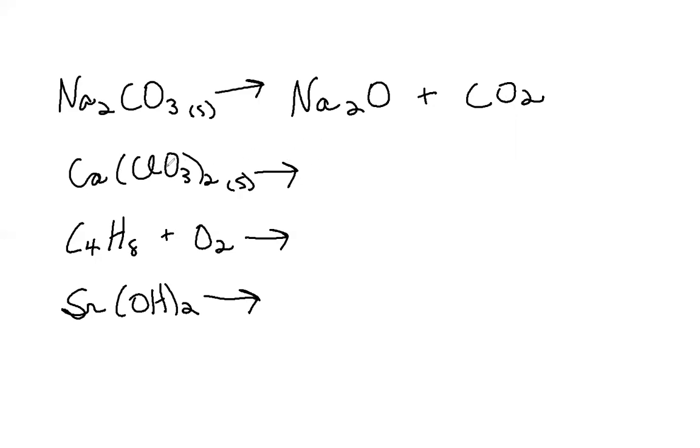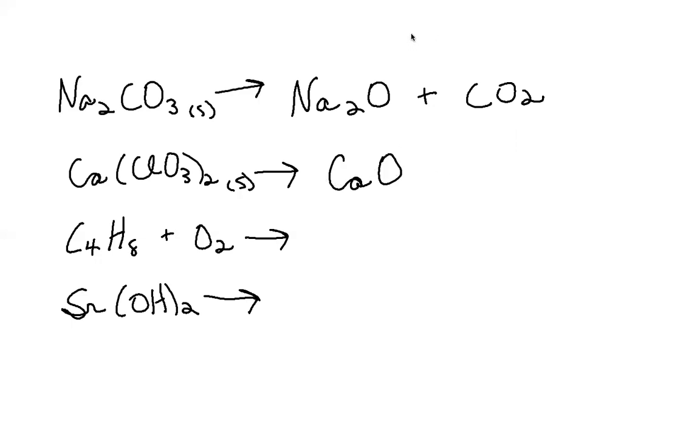Here we have calcium chlorate. So our metal chlorates break down into metal chlorides. So that would be calcium oxide, calcium 2+, oxygen 2-, so it's just CaO. And then our other product, oops, wait a minute, that is completely wrong. That is not correct. Let's erase that.